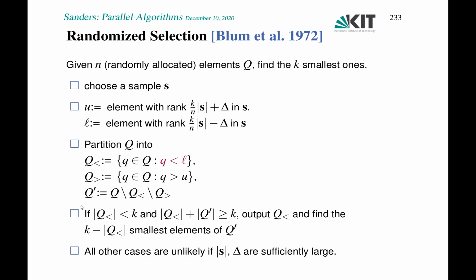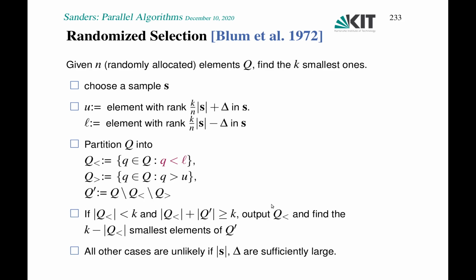Now we can check quite efficiently what we are expecting: that the number of elements in Q less is less than K, and that the number of elements in Q less plus the number of elements in Q prime is larger than or equal to K. That's the case that we are expecting, and by choosing delta appropriately, we make sure that it happens with high probability.